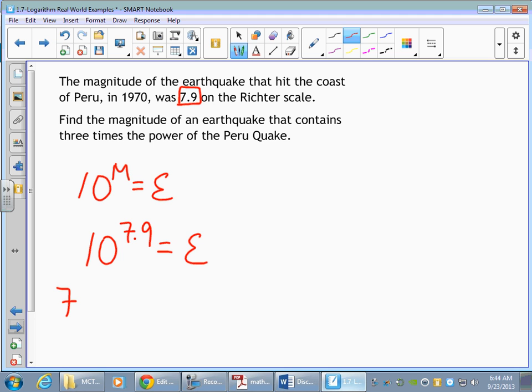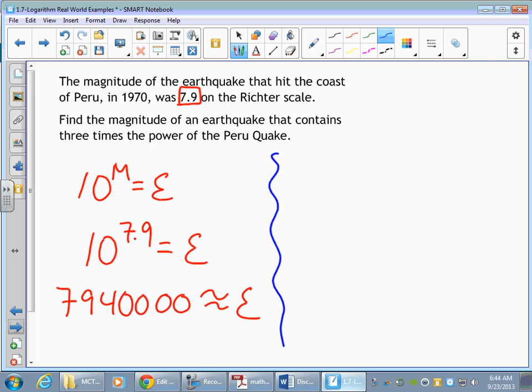Let's say it's approximately 79,400,000. Technically, I have 2 significant digits with a 7.9, so I can't go really any more accurate than this, but your calculator will give you a much longer set of values.